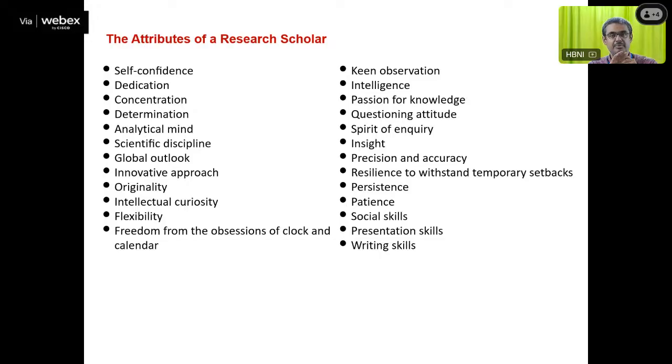Otherwise, we won't be able to focus on the problem. You may have very good data, but you may not be able to find the major findings from the data. There are various theories on concentration, but that is beyond the scope of our classes.